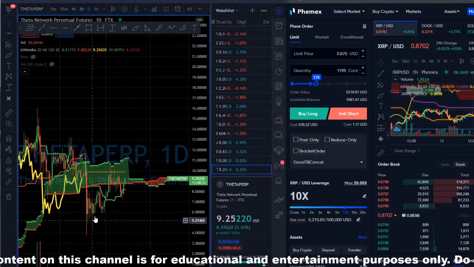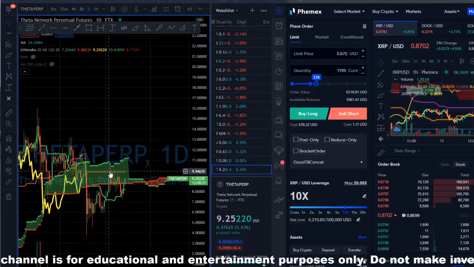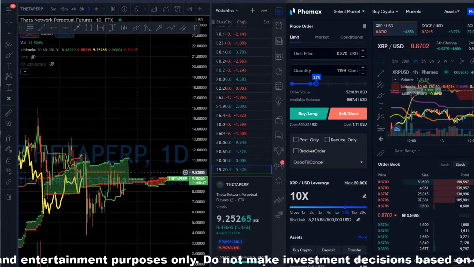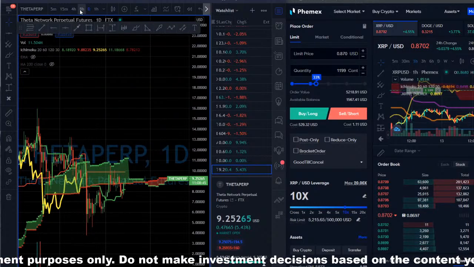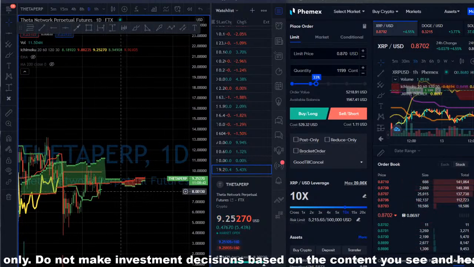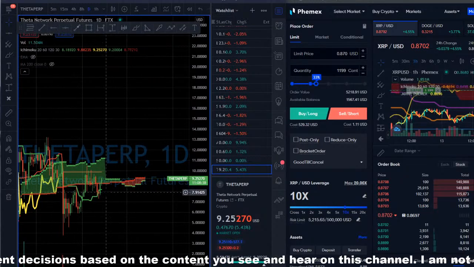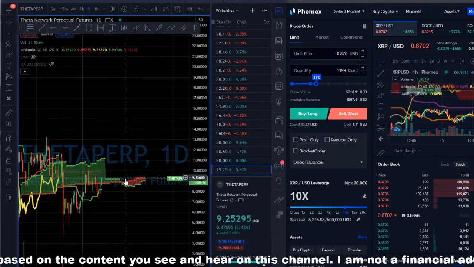So it came down, retraced, rejected, came down, and it's going back to retrace 991. So you have a bearish sentiment here, all right, and you're below the baseline.